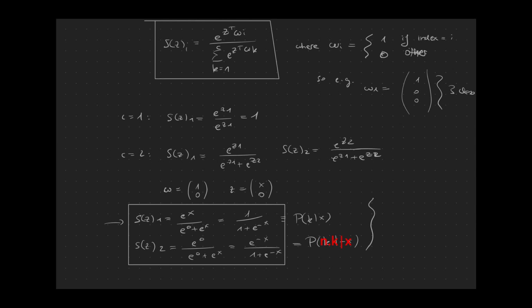And the softmax function, where can it be used? Well, as we said, it's used in multi-class classification where we have a single label. And now you could ask, what would we use when we have a multi-class classification problem with multiple labels?